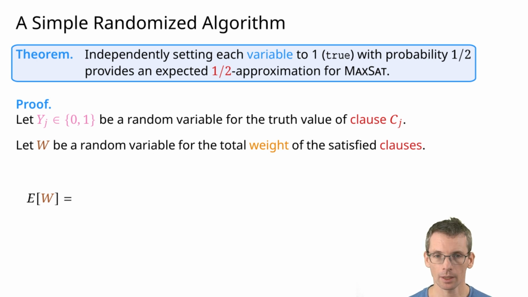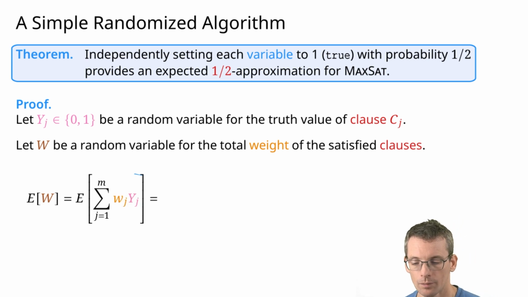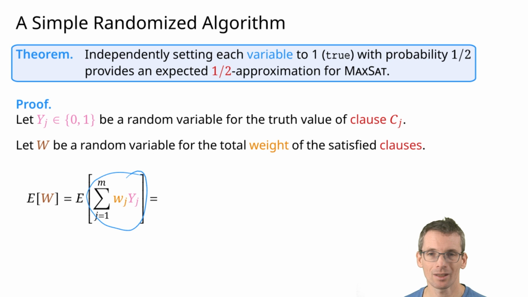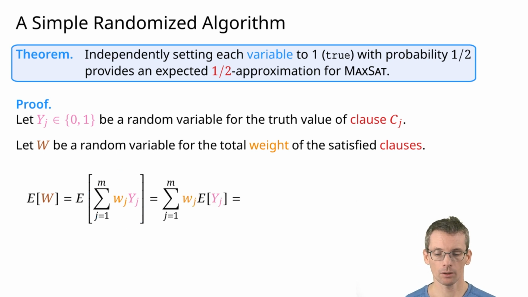So let's take a closer look at this expected value. We can express W in terms of the yj, namely we get the sum of wj times yj. By linearity of expectation, I can now rewrite it as the sum of wj times the expected values of the yj.